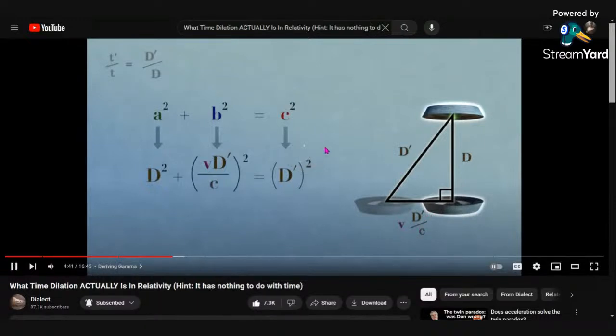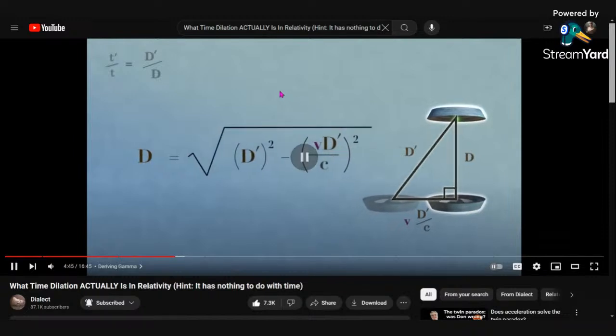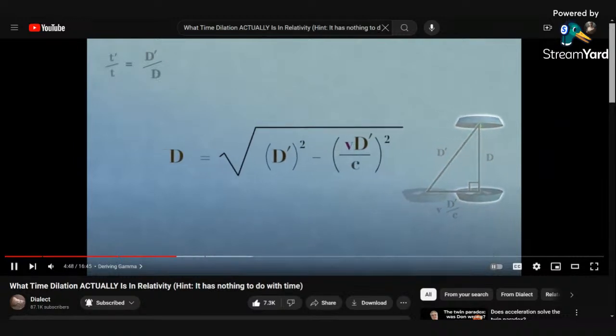So we move this term over. So d squared is equal to d prime squared minus v d prime over c squared. Square root of d prime squared, yeah, minus v times d prime over c squared.